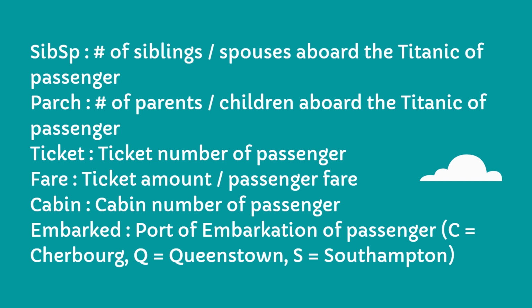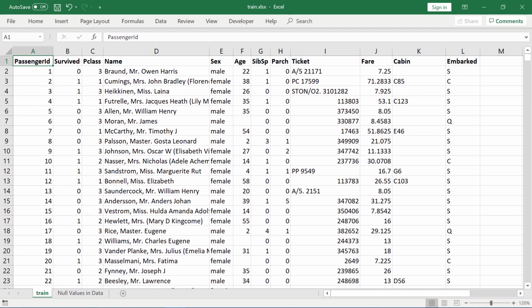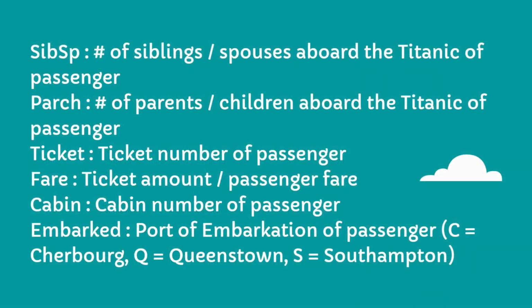Next we come to the cabin column. The cabin column is just the cabin number of the passenger, in which cabin he is. It can be B1, B2, B3 or so on. Embarked. What is the embarked column? It is basically the port of embarkation of the passenger. For example, let's say I boarded from New Delhi station, so my embarked value would be New Delhi. Now in this particular data, we have 3 ports of embarkation.